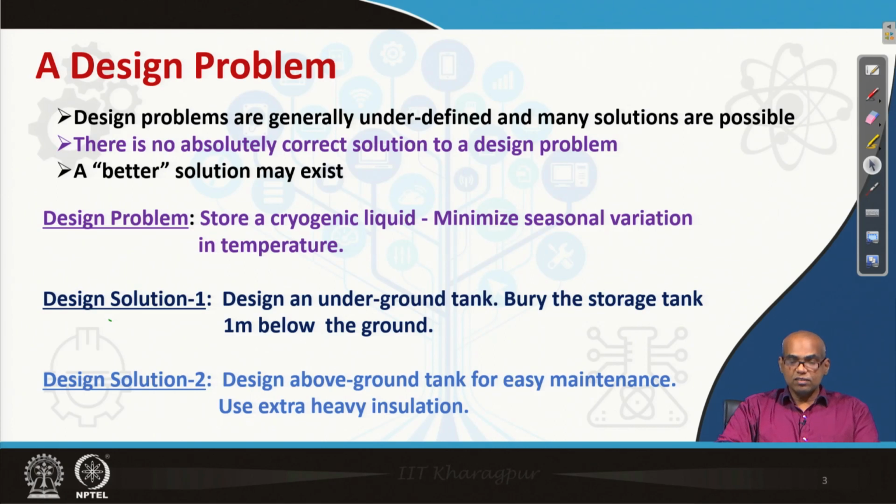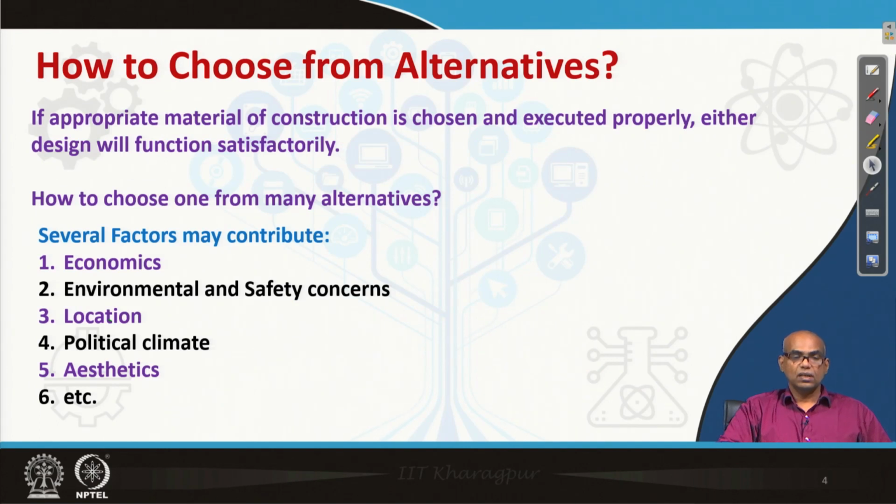The second solution is you design the tank above ground, but use extra heavy insulation for minimization of seasonal variation in temperature. Now, if appropriate material of construction is chosen and executed properly, either design can function satisfactorily. So, how will you choose one from possible several alternatives?